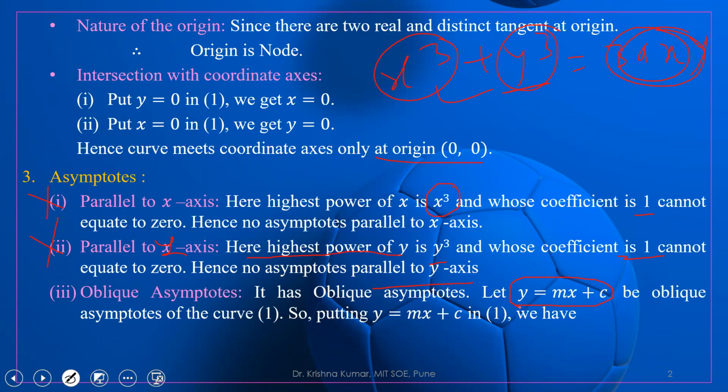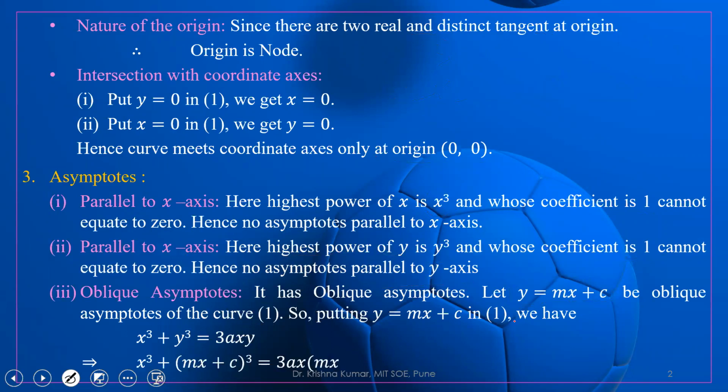So let us take y is equal to mx plus c as the simple equation of a straight line. Now let y equal to mx plus c be the oblique asymptote of the given curve 1. So what we will do is put y equal to mx plus c in equation number 1. What are we getting? Let us put the value of y as mx plus c.